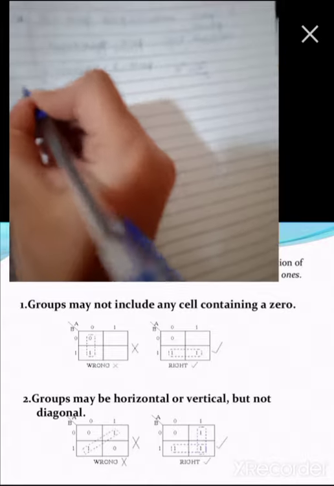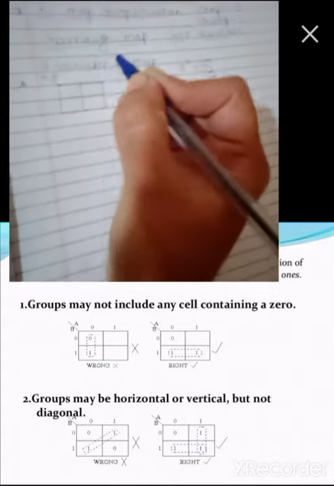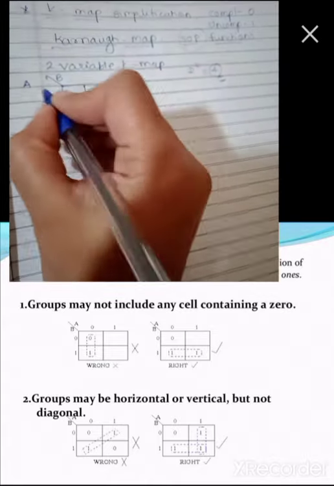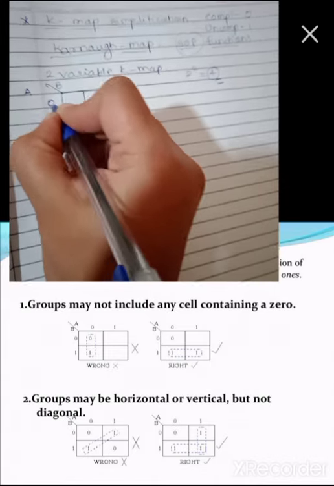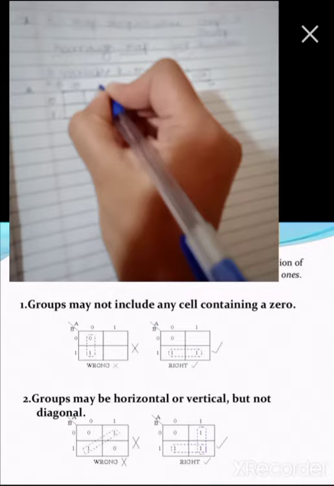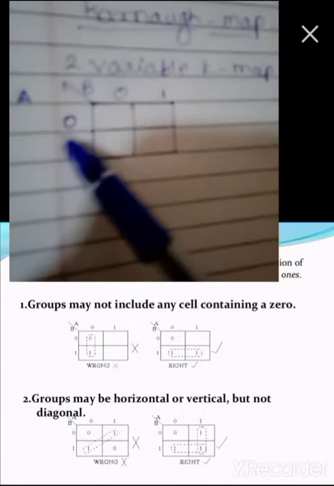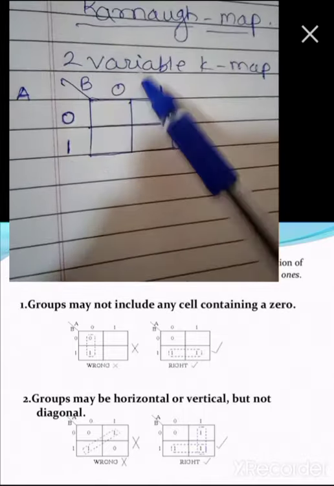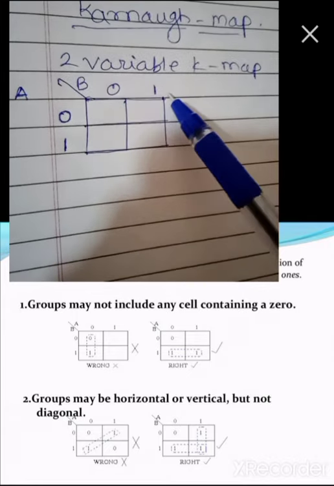Here we'll plot A variable, here we'll plot B variable. Here I'll put 0, here put 1, here also 0, here also 1. Now A for column, B for row. Here I have plotted 0, here I have plotted 1, here also I have plotted 0, here 1.